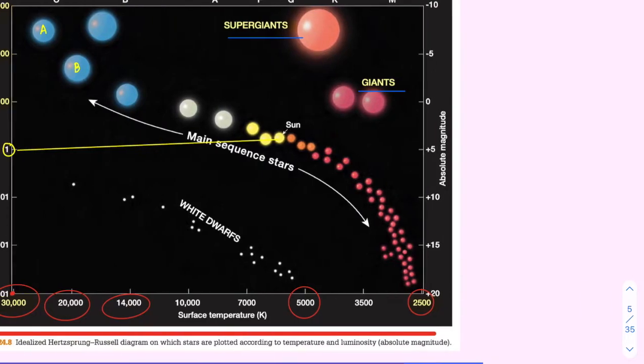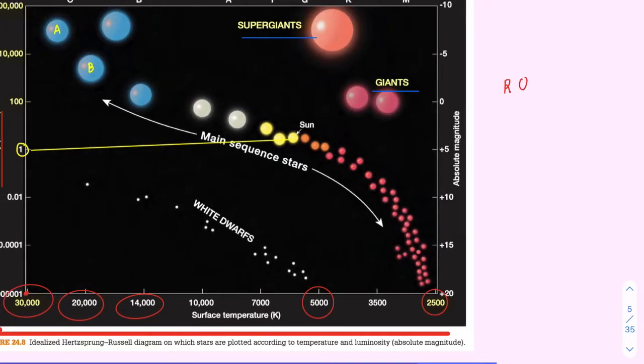So by the way, red is our coldest. Next is orange, yellow, then white, and then blue. So red is the cold one, and blue is the hotter one. So these are your hottest stars.